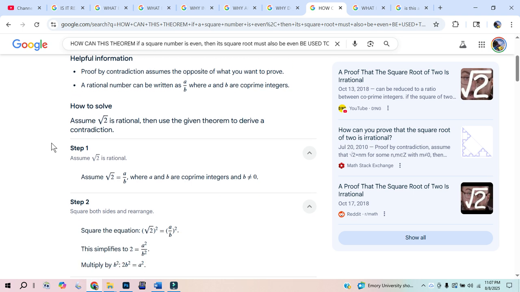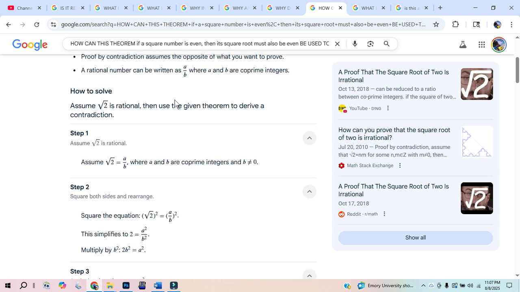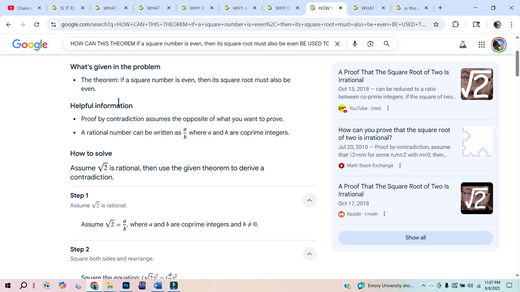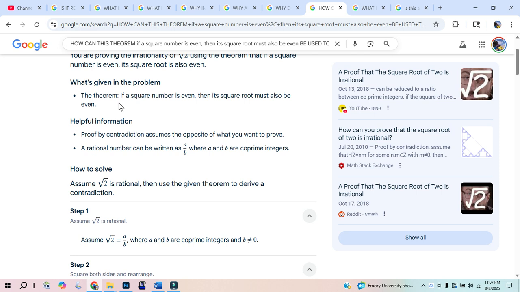So how to solve? Assume square root 2 is rational. That's what they're going to do. Oh, no, they're actually just saying the square root of 2 is rational. Okay, and that's how they're going to prove this. Prove by contradiction. So we're going to assume that square root of 2 is a over b.